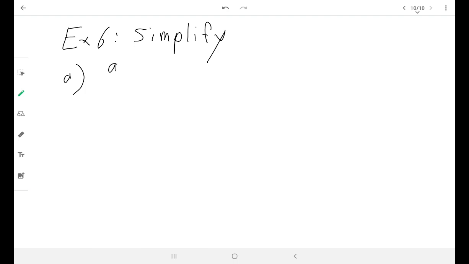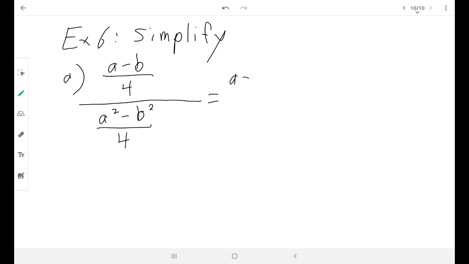We're going to have a minus b, all of that over 4, divided by a squared minus b squared all over 4. So this is just another division problem. We're just going to turn it into multiplication by reciprocal. We're going to factor things, all that good stuff. So let me turn it into multiplication first, just because.